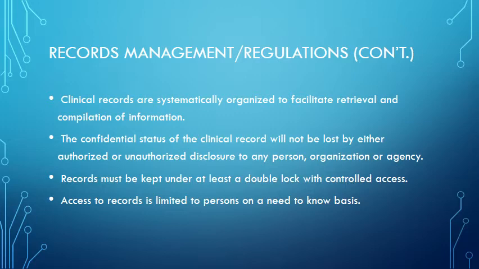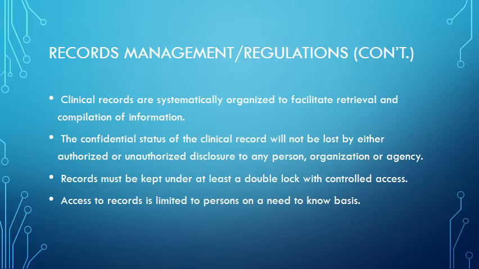The clinical record maintains its confidential status regardless of any prior releases of information, whether authorized or not. Important in this discussion for individuals that we serve for a long time is that releases of information typically have an expiration date on them, and we must renew them to be able to continue to release information.